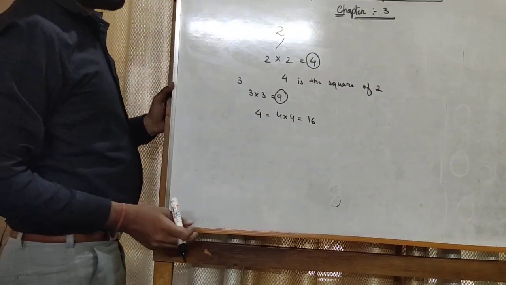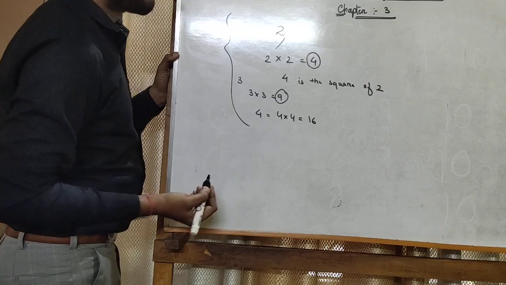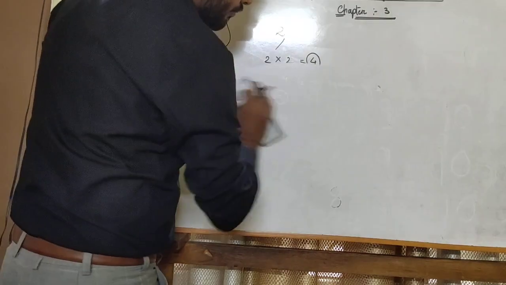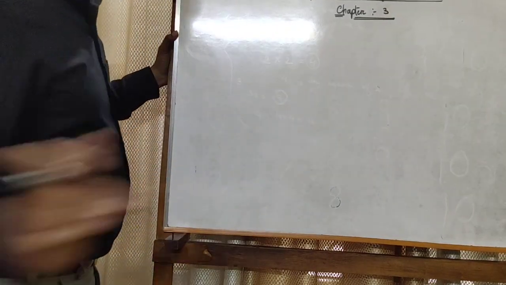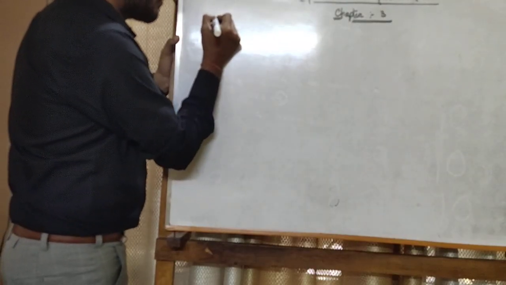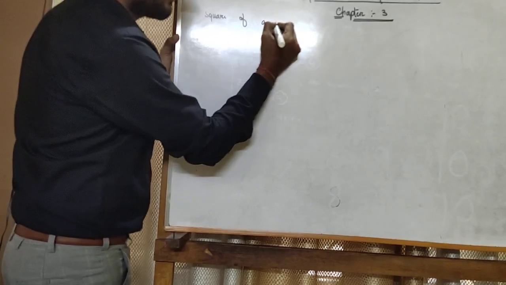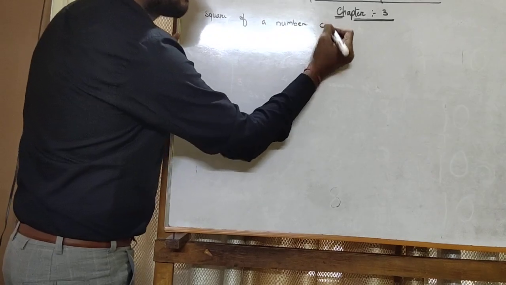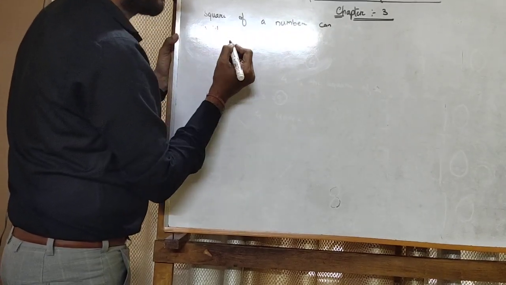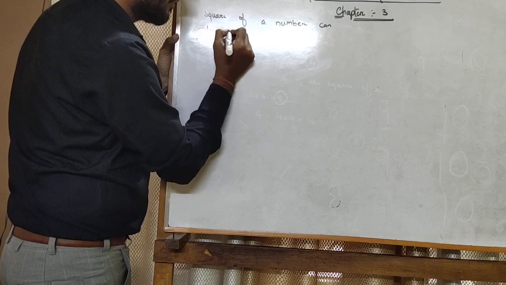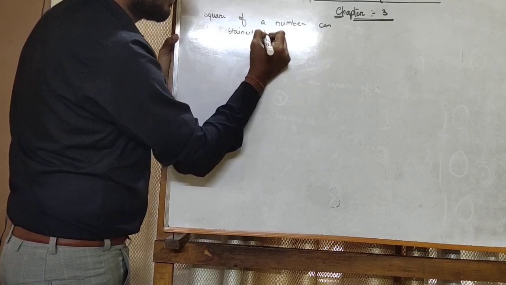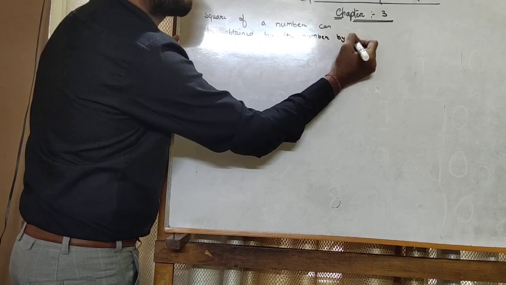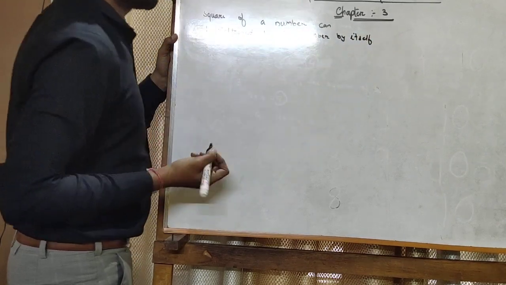Okay, so to define the square of a number, we can write: the square of a number can be obtained by multiplying the number by itself.